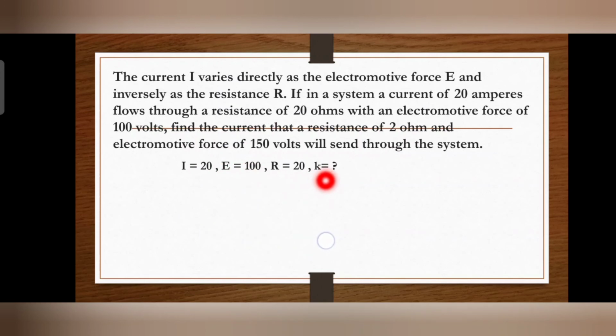Then, we are going to find the value of K para makuha natin yung value ng current.